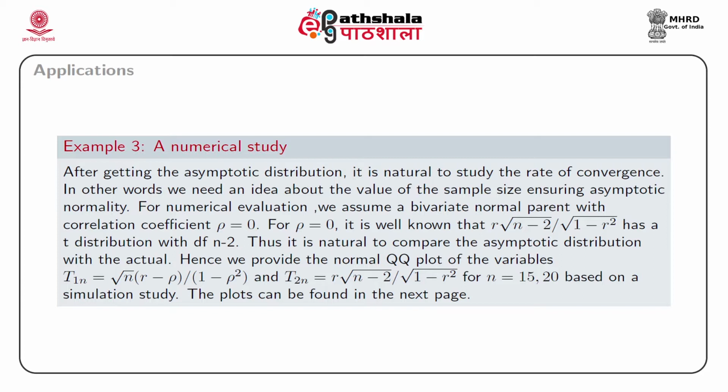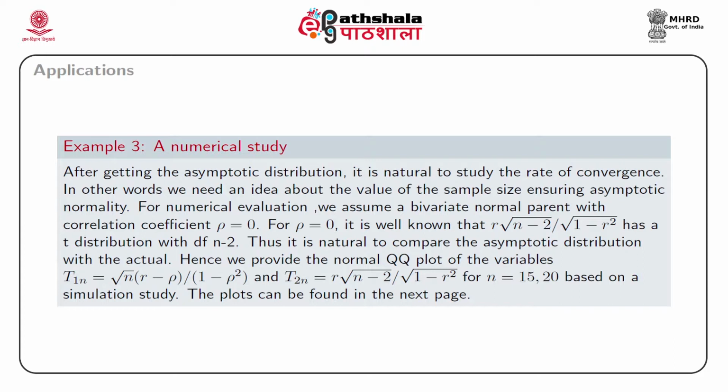Then it is natural to compare the asymptotic distribution with the actual. Hence, we provide the normal QQ plot of the variables t1n and t2n, where t1n is defined as square root of n multiplied by r minus rho divided by 1 minus rho square, and t2n as r multiplied by square root of n minus 2 divided by square root of 1 minus r square.